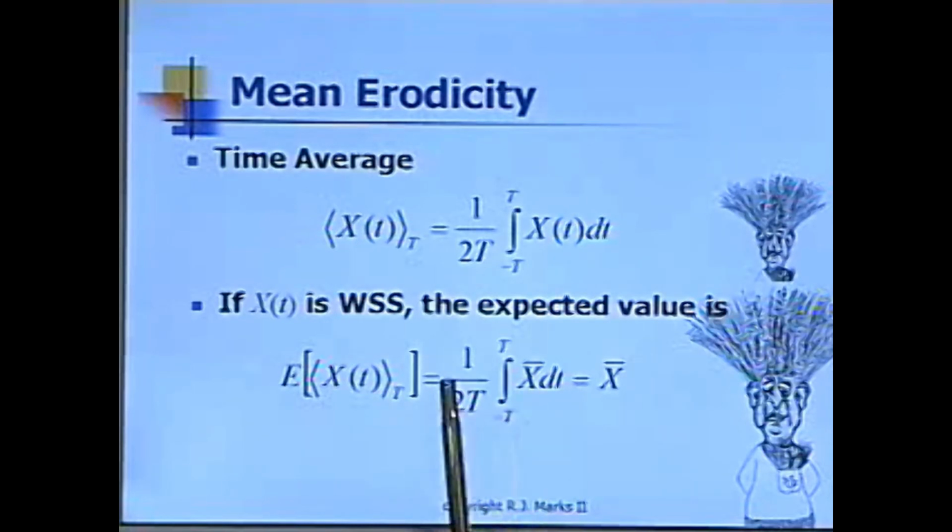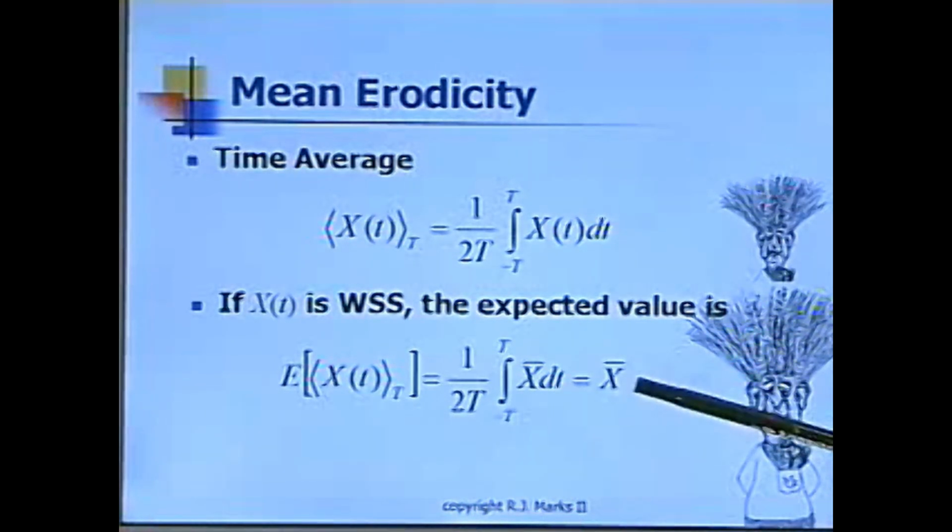So that x bar comes out and the integration integrates to 1, and we find out, yes, indeed, we were very intelligent by choosing this, because the expected value of the average is equal to the expected value. This is true for all stochastic processes that are wide sense stationary. It's true for the uniform noise that I generated, and it's true for the battery factory. Okay?